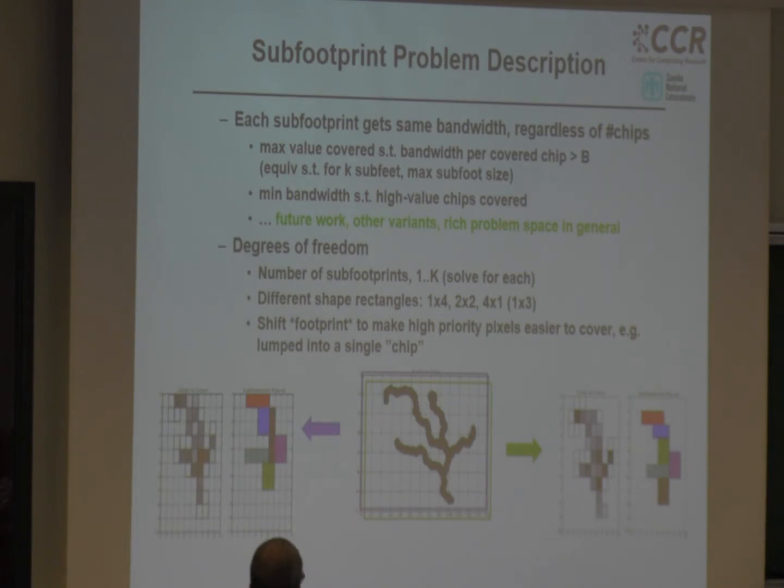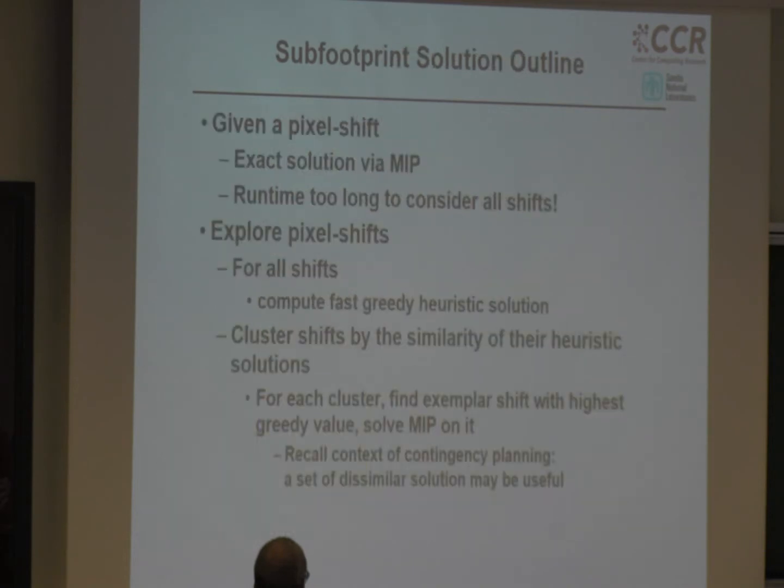And the chips are, I don't know, maybe 50 by 50 pixels, or something like that. So you're probably not going to be able to solve 50 squared mixed integer programs in a reasonable amount of time to explore all of these solutions. So we're going to do a greedy heuristic to sort of inform which of those shifts are worth looking at and which aren't.